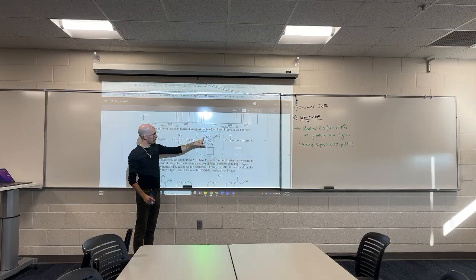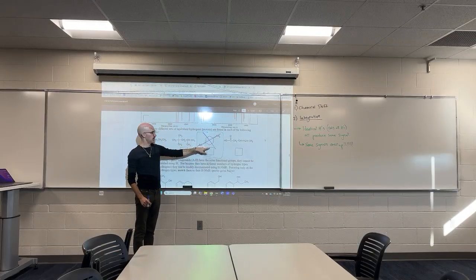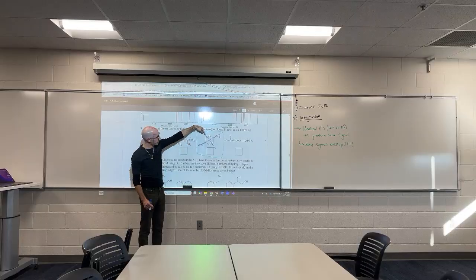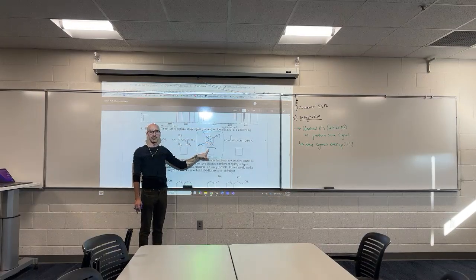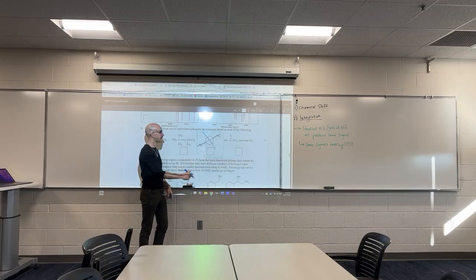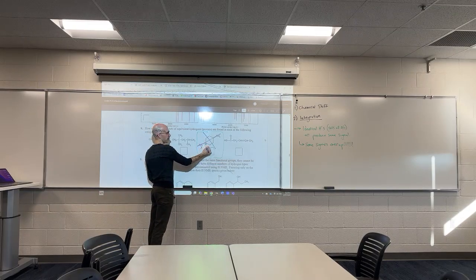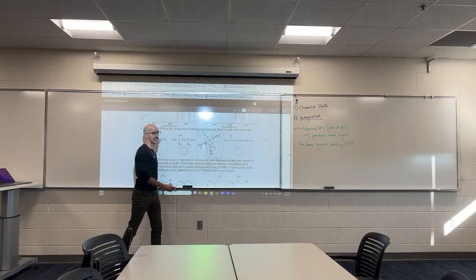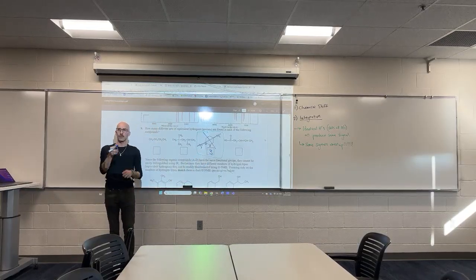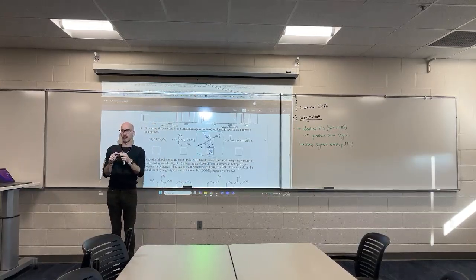This plane of symmetry reflects them into each other. And this plane of symmetry reflects these CH2s into each other, which means this CH2 is identical to this, is identical to this, is identical to this. So that's methyl, tertiary, secondary. That's just 3 sets of hydrogens because of the planes of symmetry in the molecule.